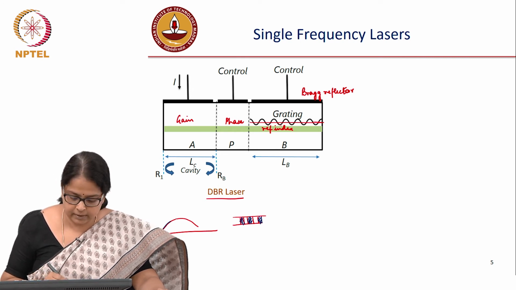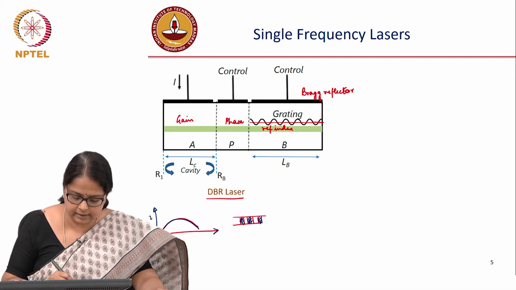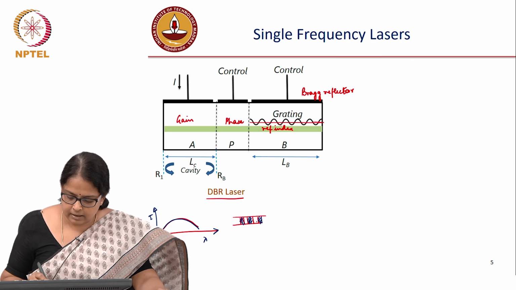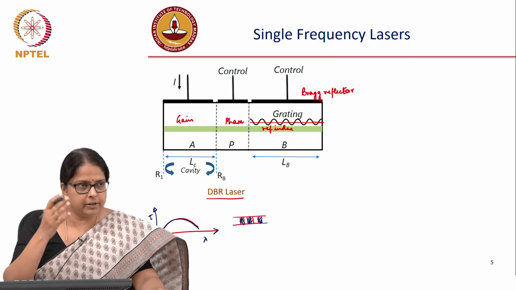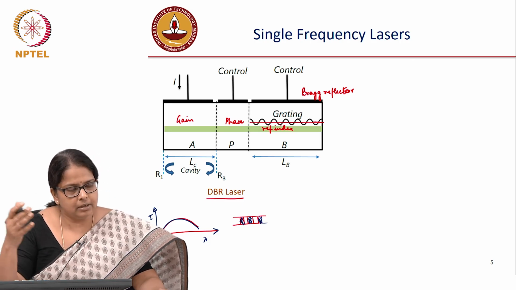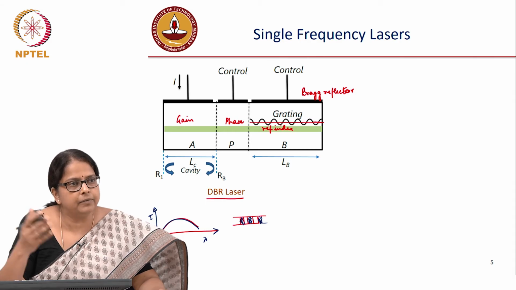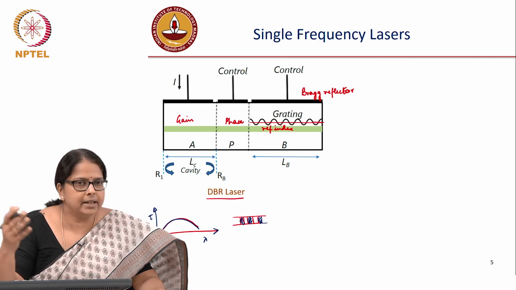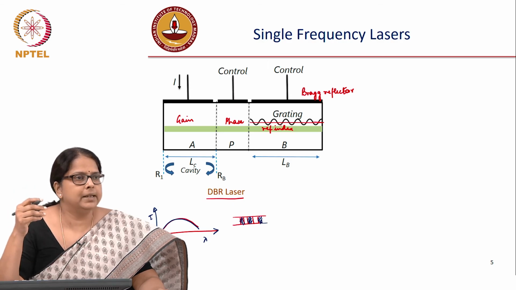So, when you send broadband light, this is intensity versus lambda. Because this structure is stacked, you can think of it as stacked dielectrics: high index, low index, medium. You can refer to your basic electromagnetics.